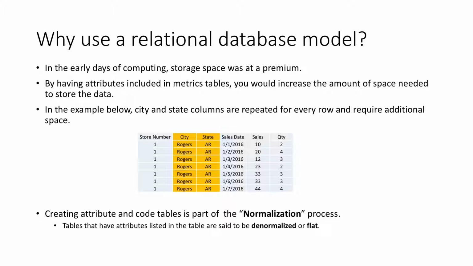And that's part of the process of normalization, is to take descriptive columns out of metric type tables. And you can do something similar to a VLOOKUP in Excel. Later, you would pull your sales data and you would VLOOKUP in the cities and the state or whatever descriptive columns you need. Again, this is part of the normalization process, and tables that actually have attributes listed are said to be denormalized or flat tables.